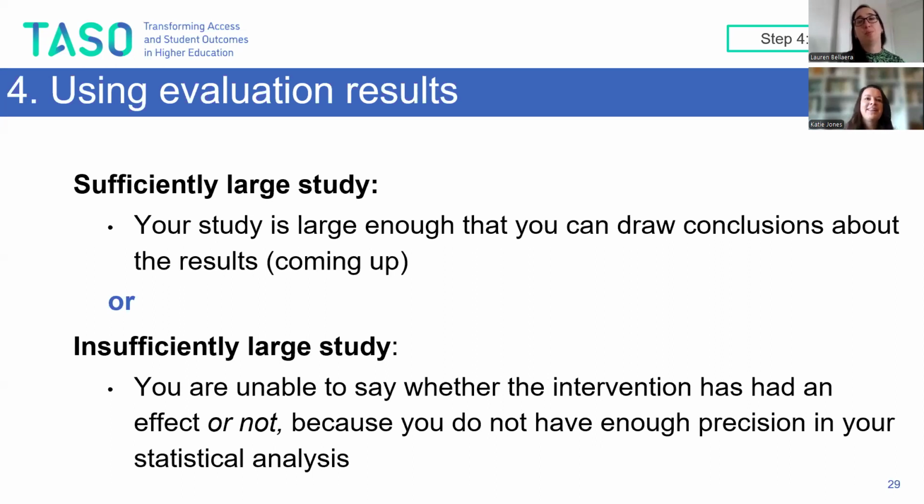It's not quite as simple as just thinking about the size of the sample that you have at the stage of analysis, but that is an essential component of the deliberation. But essentially, you'll need to find out whether your study has been large enough to give you the statistical precision to be able to draw conclusions that will allow you to interpret the results.